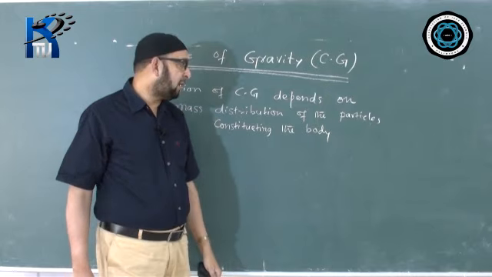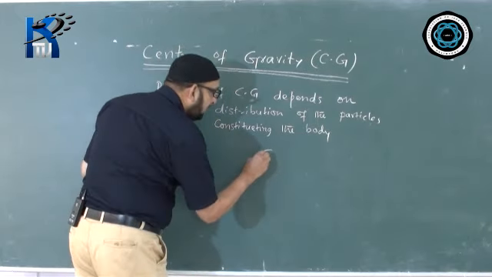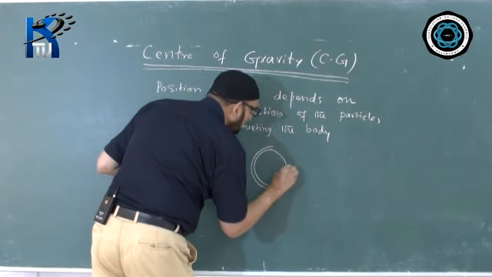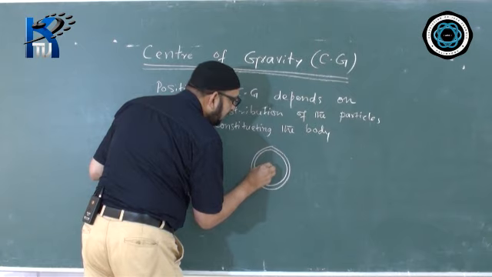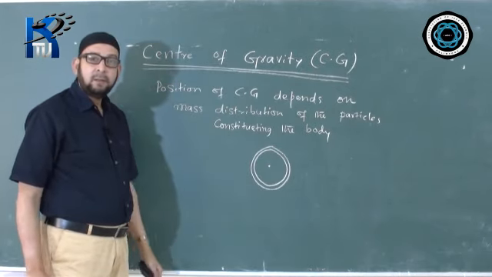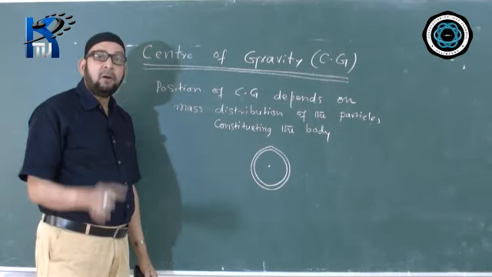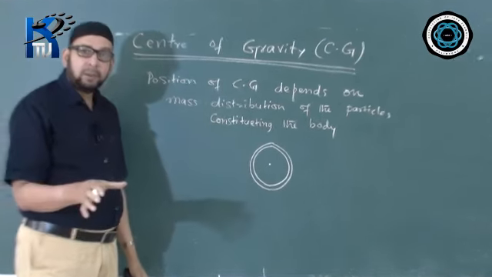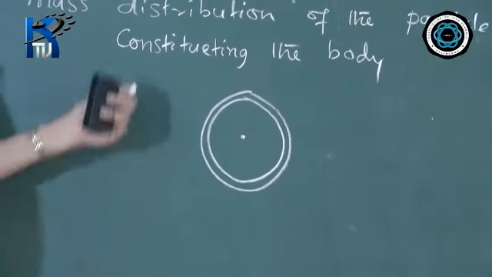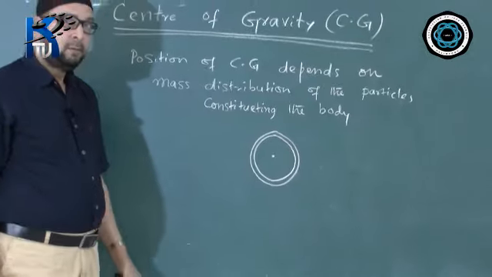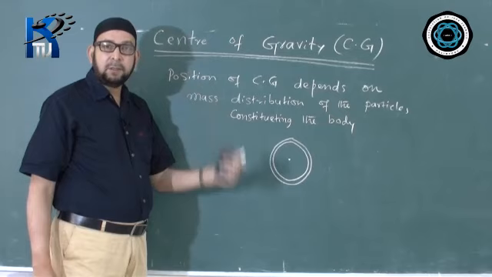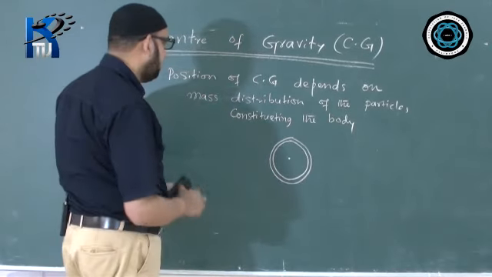Suppose we have a ring like this, center of gravity will be here, outside the body in the space. Similarly, if we have a hollow cylinder, any kind of hollow body, CG will be situated outside the body. So that is very much possible. That also was a question in ICC one year. I don't remember the year, but that had come in ICC.